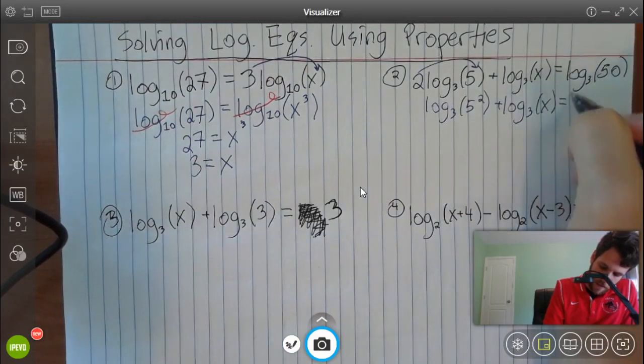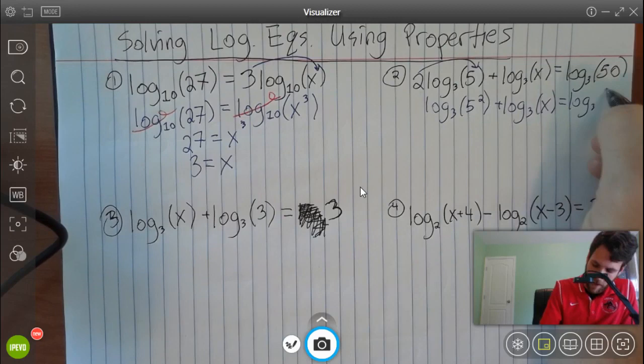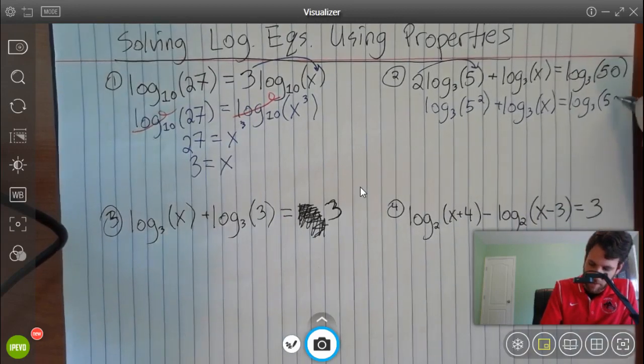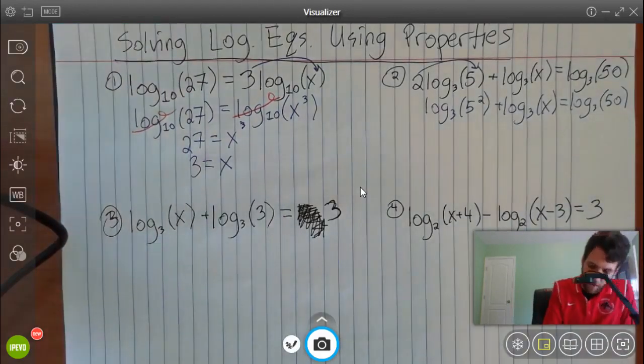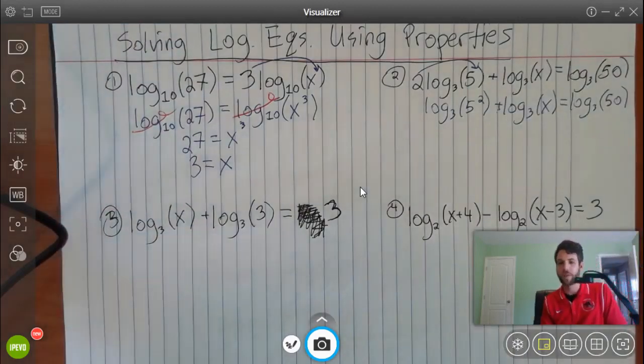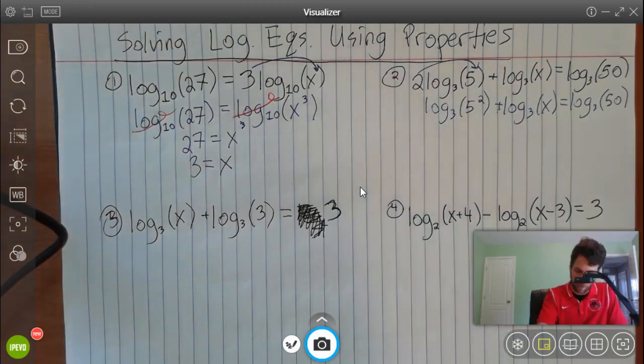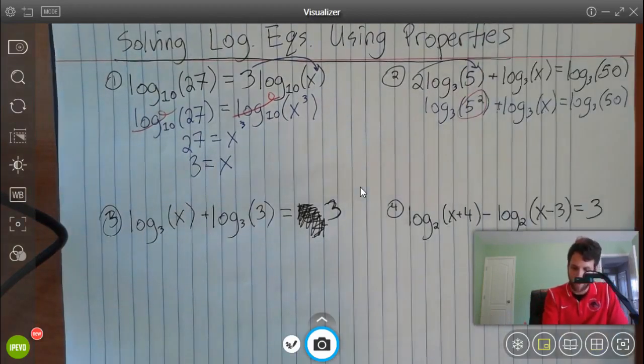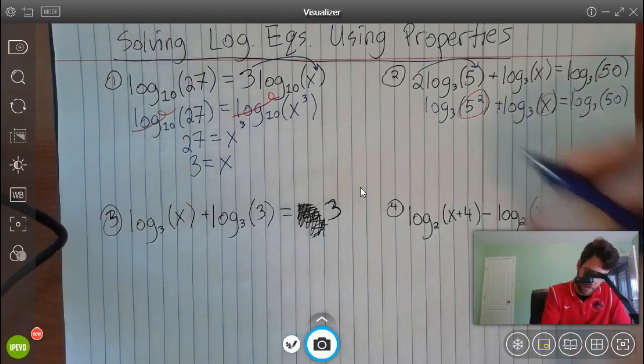And we didn't do anything to the right side of this equation. Now, because of this plus sign right here, we're going to put these two logarithms that we're adding and multiply their inputs. So I'm going to multiply 5 squared, or 25, by x inside of one logarithm now.